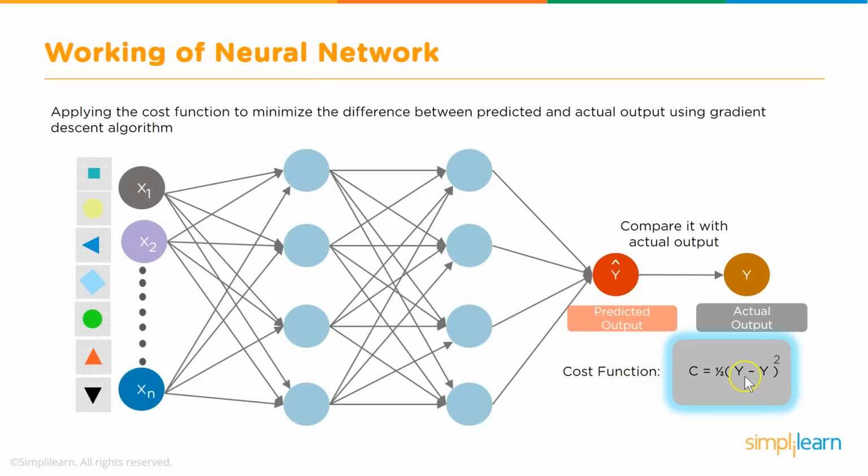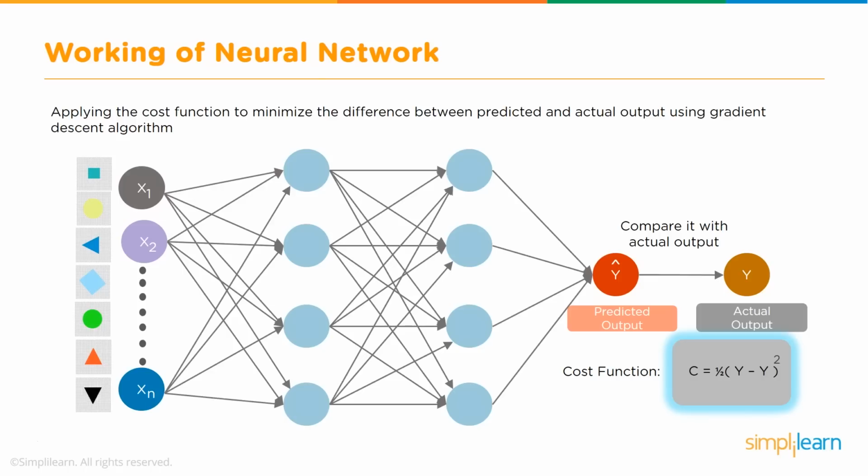So the difference between the predicted output and the actual output is the error, and the cost function can be defined in different ways. There are different types of cost functions. In this case it is the average of the squares of the error.